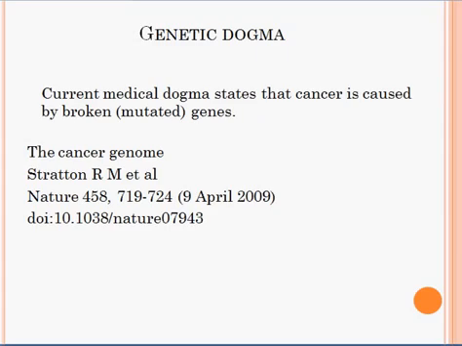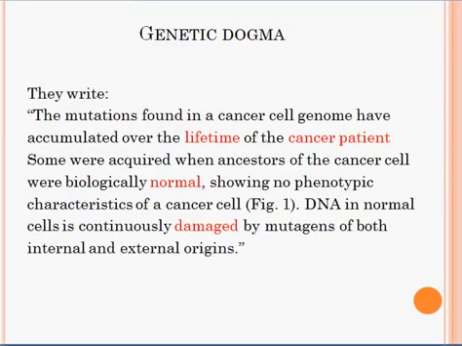You can read a review, The Cancer Genome. So what do they write? The mutations found in a cancer cell genome have accumulated over the lifetime of the cancer patient. Some were acquired when ancestors of the cancer cell were biologically normal, showing no phenotypic characteristic of a cancer cell.